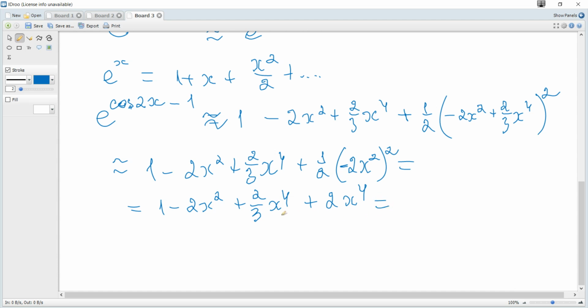Yes, and it becomes 2 is 6 over 3, so finally it's 1 minus 2x squared plus 8 over 3 x to the power of 4. Yes, it's correct.